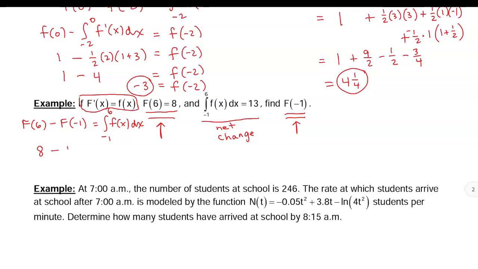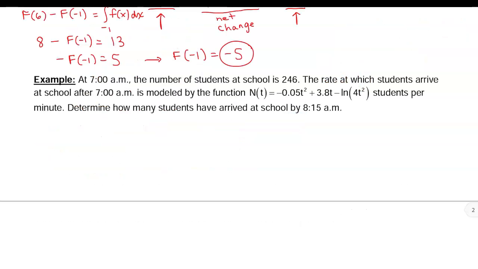We don't know f of -1. We do know the integral, the net change, is 13. So if I subtract 8 from both sides, and I multiply both sides by -1, I get f of -1 equals -5.